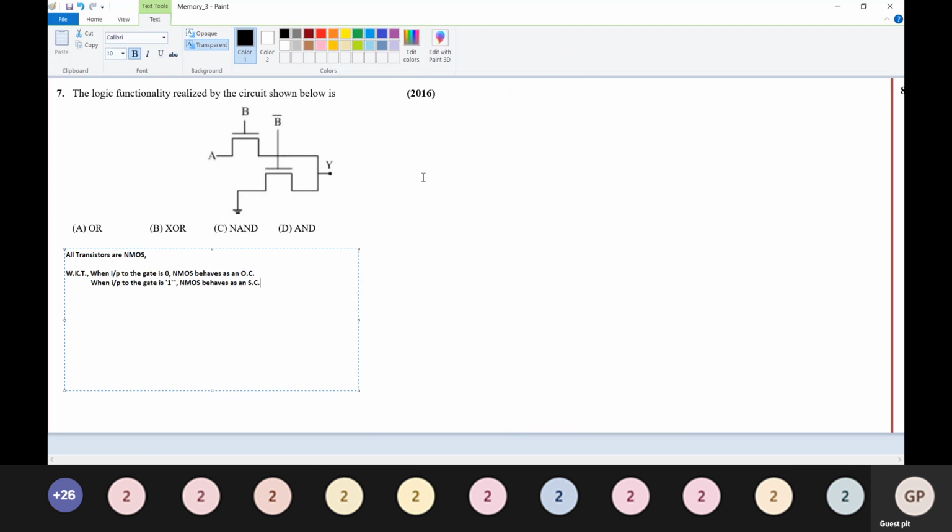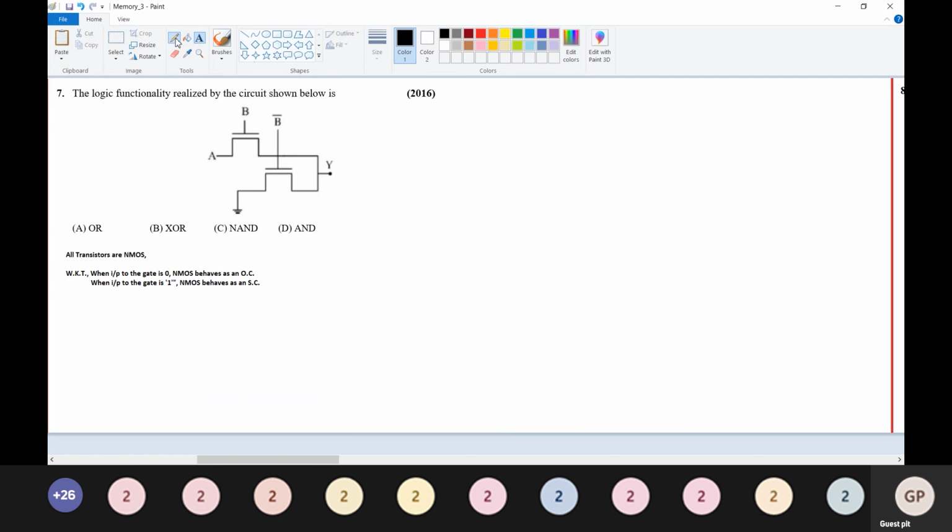Now we are going to redraw the above circuit like this.